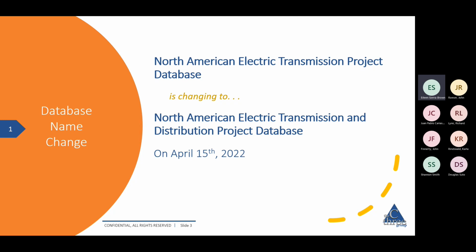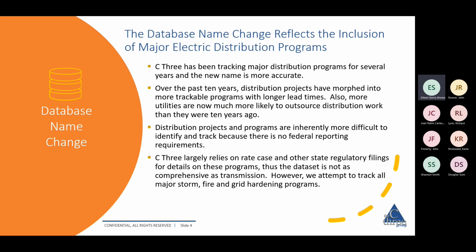Over time, especially in the last 10 years, distribution programs have gotten longer lead times and tend to be much larger in size, so those bigger distribution programs are more heavily represented in the database. It's by no means the predominant project level we cover, but we wanted to update the name to reflect the things that we're tracking.